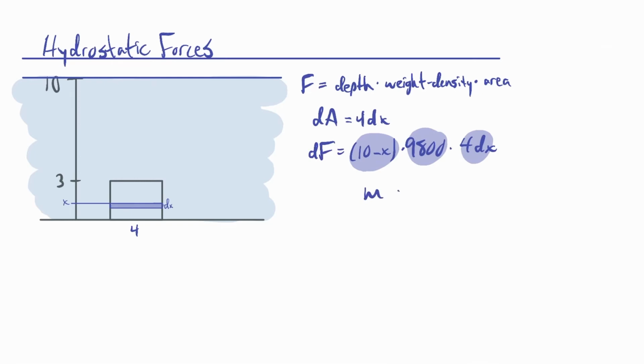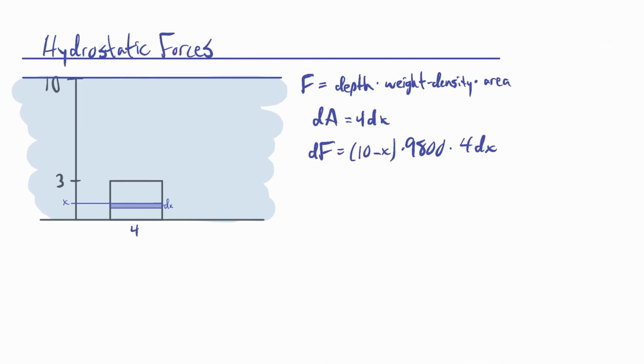Meters times newtons per meter cubed times meters squared. So these meters will cancel, and we're left with newtons. So we are calculating a force. Whenever you're setting up these integrals, checking the units is a good way to make sure you haven't missed anything. But you do have to be aware of what units you are using. What is 9800? You have to know the units, but then they help you check that you're not missing anything.